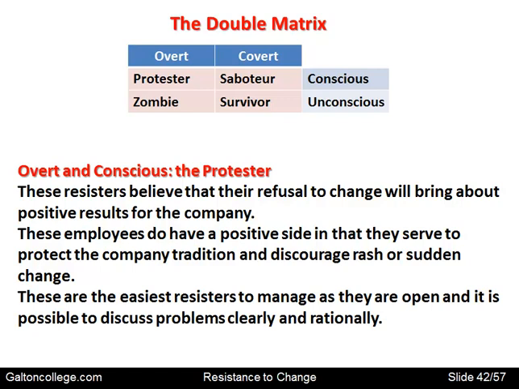These are the easiest resistors to manage, as they are open and it's possible to discuss the problems clearly and rationally. So they are rational about their arguments. It's possible to sit them down and talk to them and debate with them and try to prove that they're wrong, and they try to prove that the proposer of the change is wrong, and so there is a debate, and it's open.